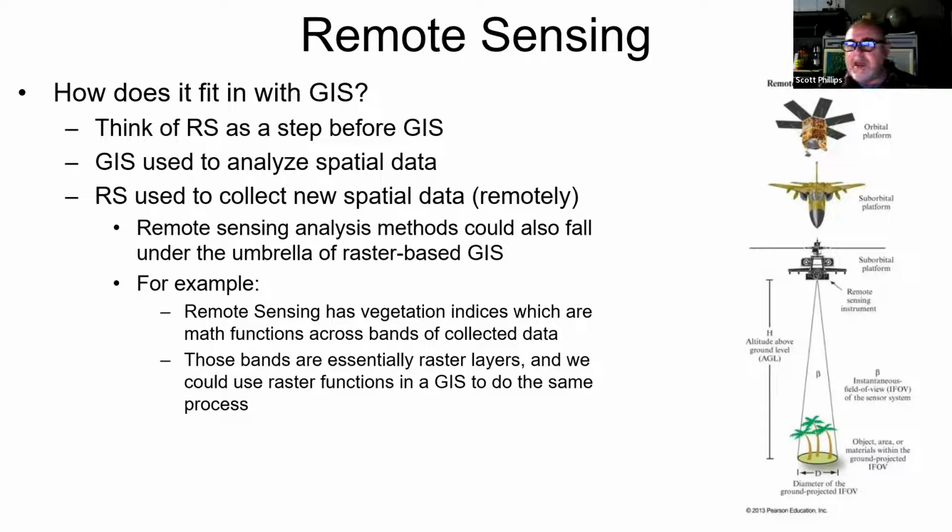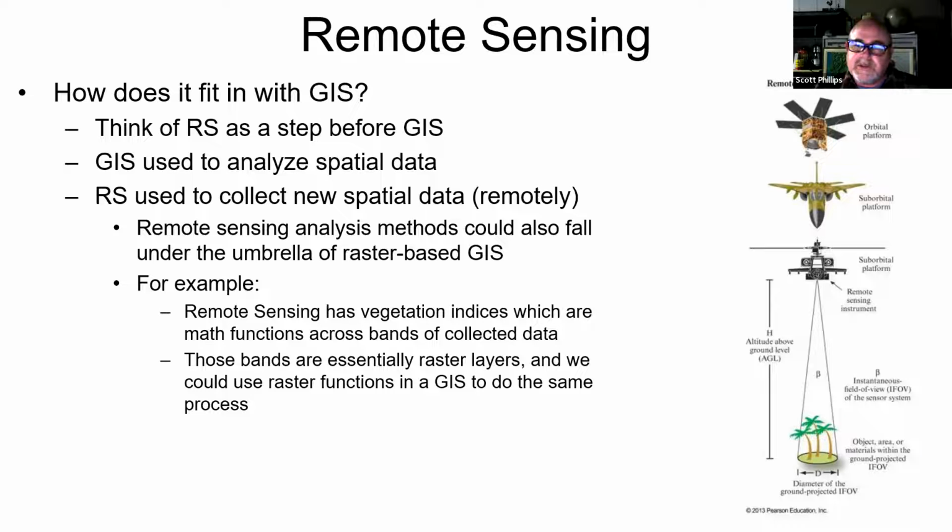And the two overlap. There is software specialized for working with remote sensing data, some of it very unique to different kinds of satellite data, but some of it to do simple or complex analysis.